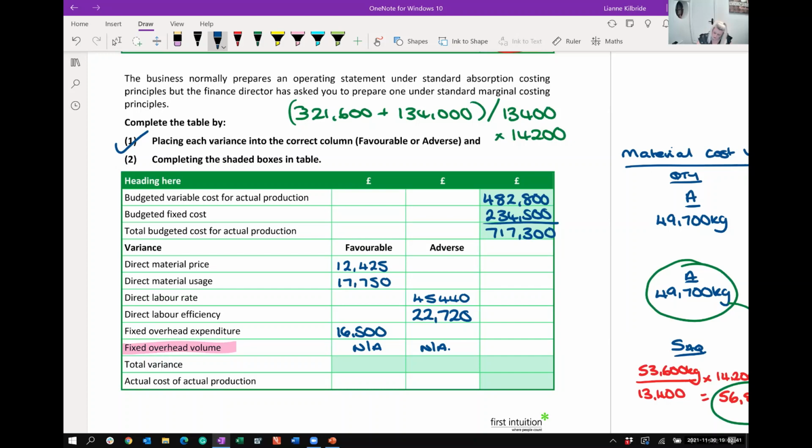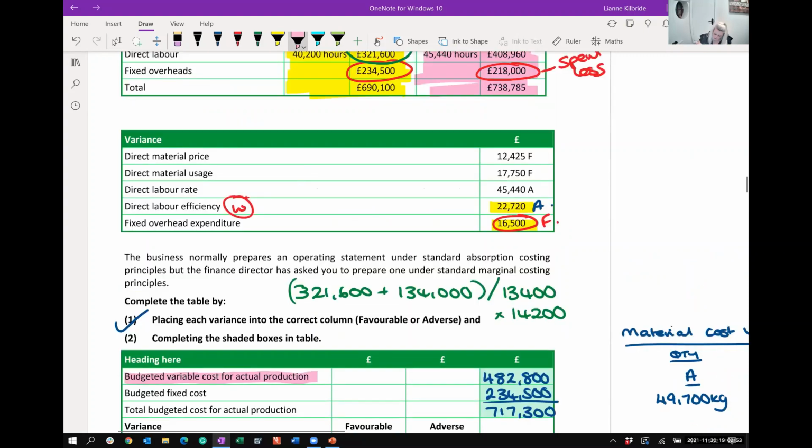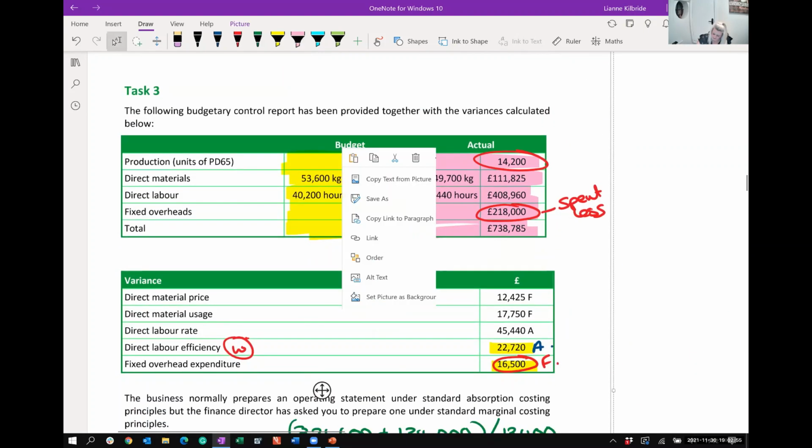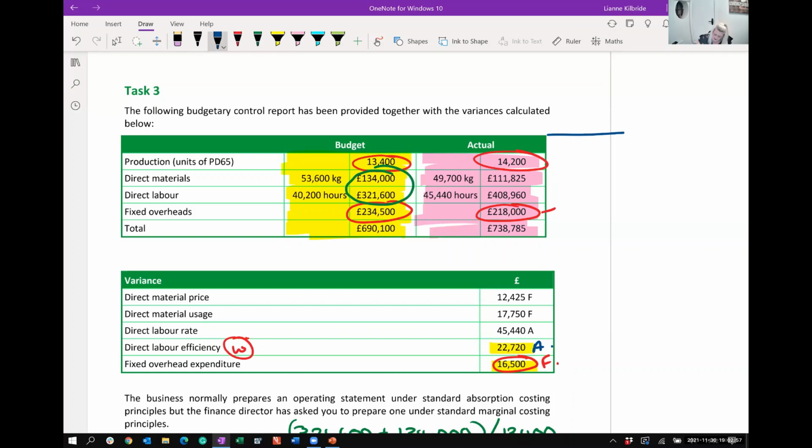Okay, so just to reiterate, when you look at what it says in here, what is the budgeted variable cost for actual production? Just another example, to make it easy to understand. If I had another column here that said flexed budget, I'm going to turn my data into figures. So the flex would still be 14,200 units because it's got to meet the actuals.